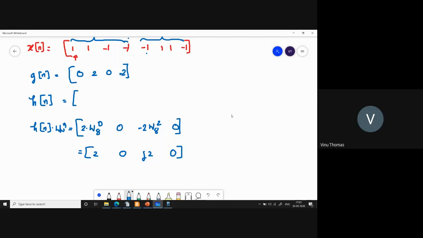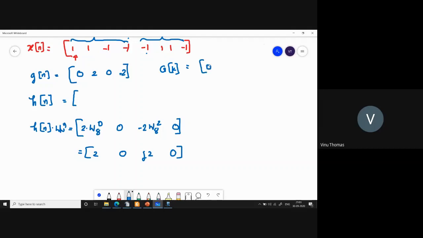Okay. Then you have to compute the 4-point DFT of the sequence. This I will leave to you; you can work this out as homework.